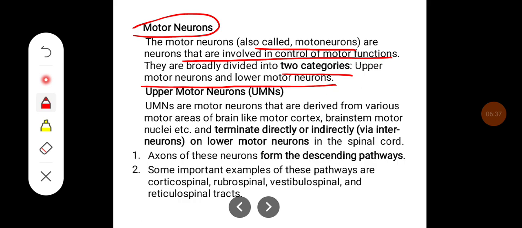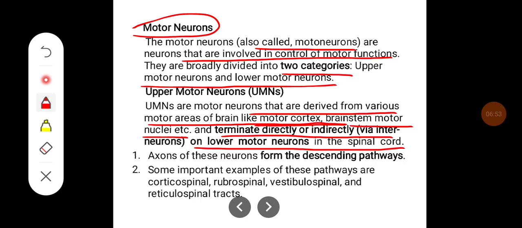Upper motor neurons are neurons that are derived from various motor areas of the brain, like motor cortex, brainstem motor nuclei, and terminate directly or indirectly via interneurons on the lower motor neurons in the spinal cord. Axons of these neurons form the descending pathways. Some of the important examples of these pathways are corticospinal, rubrospinal, vestibulospinal, and reticulospinal tracts.